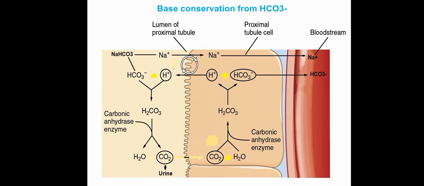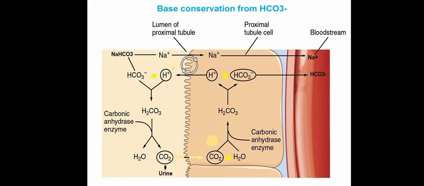The CO2 reacts with the water. So CO2 plus H2O, with the help of an enzyme, carbonic anhydrase, forms H2CO3. In the presence of the same enzyme, carbonic anhydrase, the H2CO3 dissociates into H plus and bicarbonate ions.